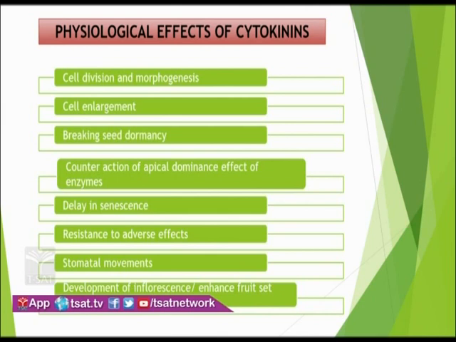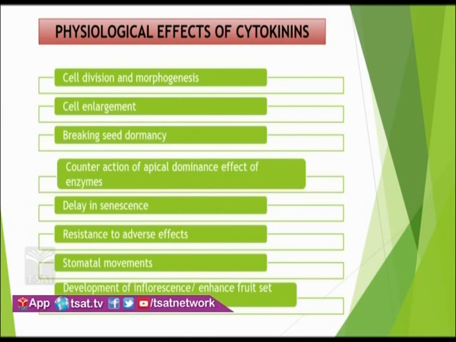Now let us observe the physiological effects of cytokinins. As I told you earlier, they can trigger cell division and morphogenesis. Cell division is promoted, and by proliferation of this cell division, morphogenesis, that is development of different plant parts, is possible because of the application or presence of cytokinins in the plant.